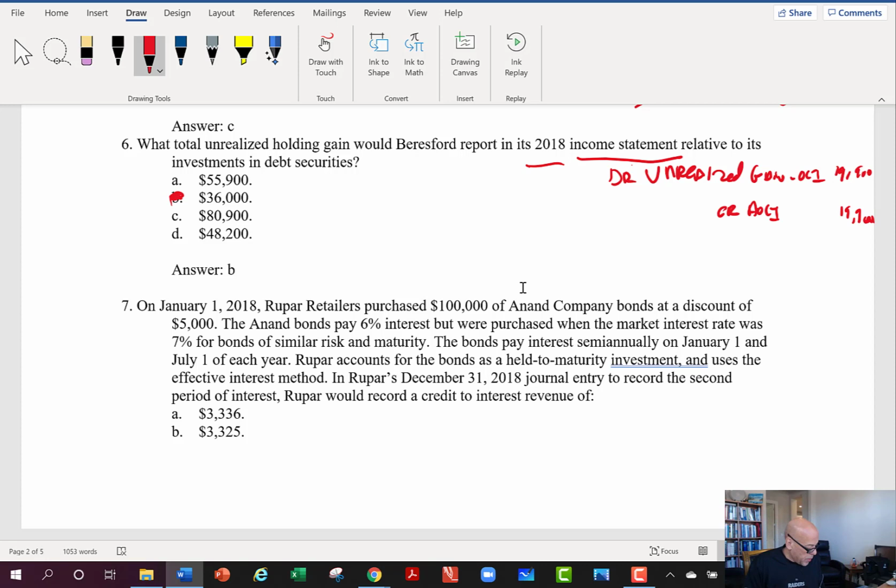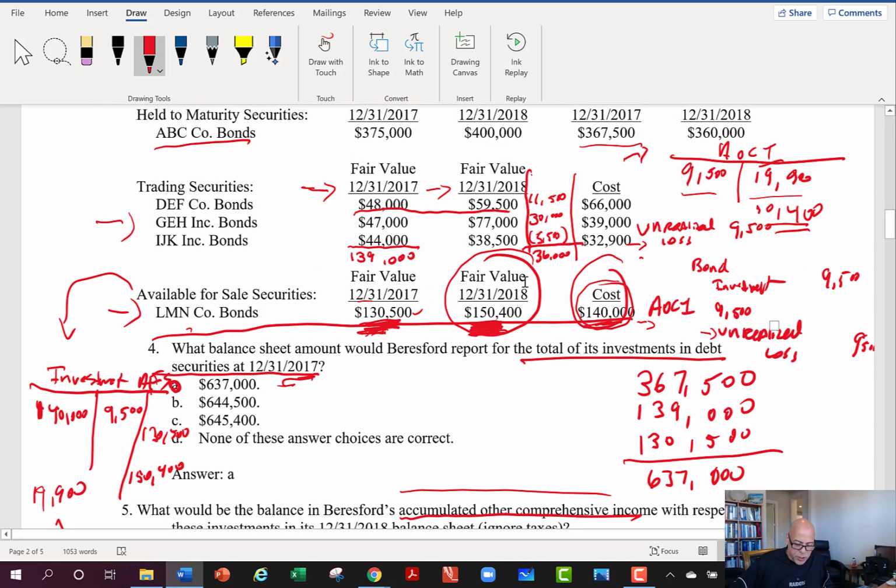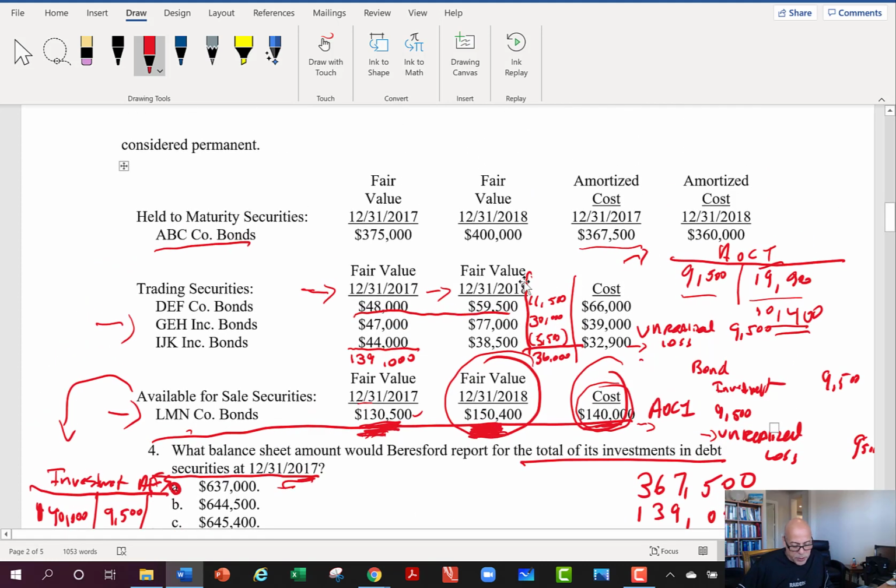Okay, all right, good. So you can see that a question like that has a fair amount of work and some sophistication as to what's going on with these different things. But again, a lot of the times the difference is just comparing, for the trading securities, the amount at the beginning of the year to the end of the year. For my held to maturity securities, there are no unrealized holding gains and losses, so that's good.